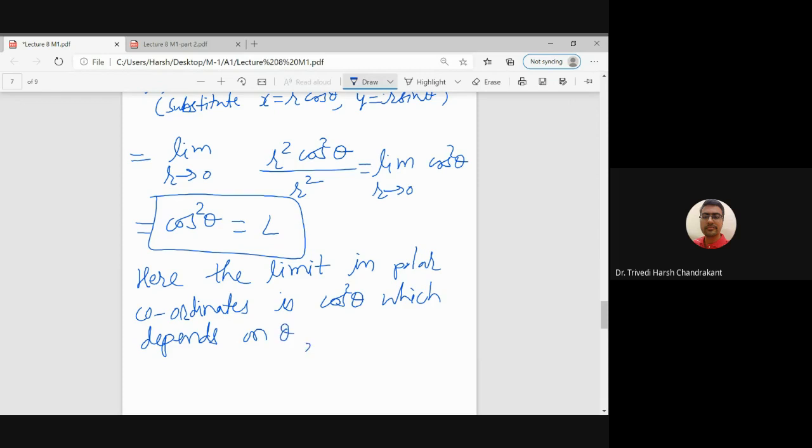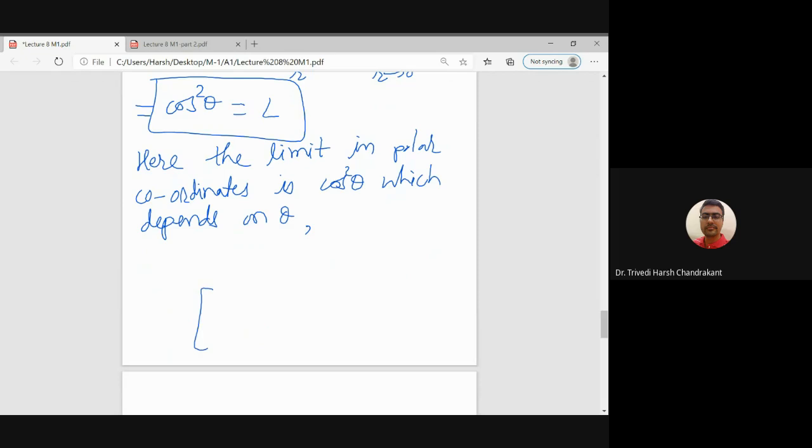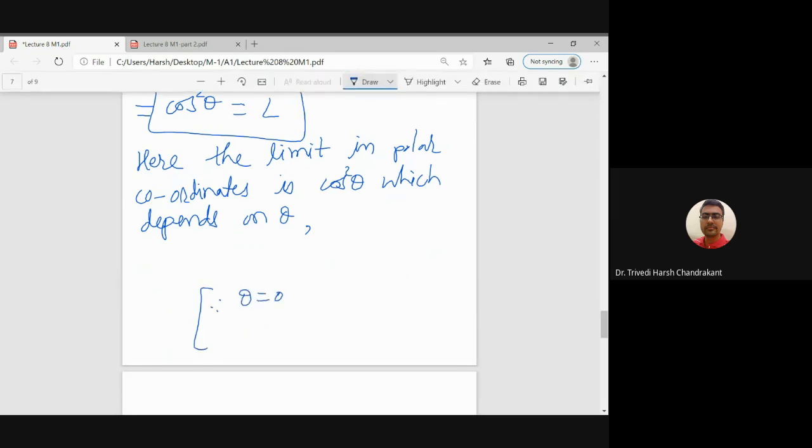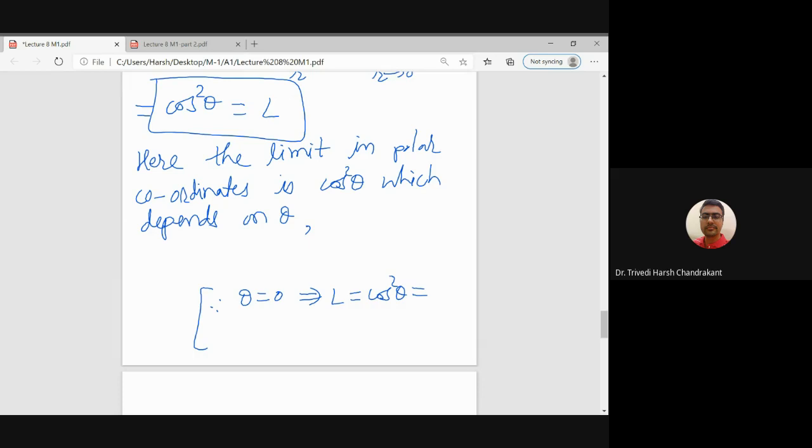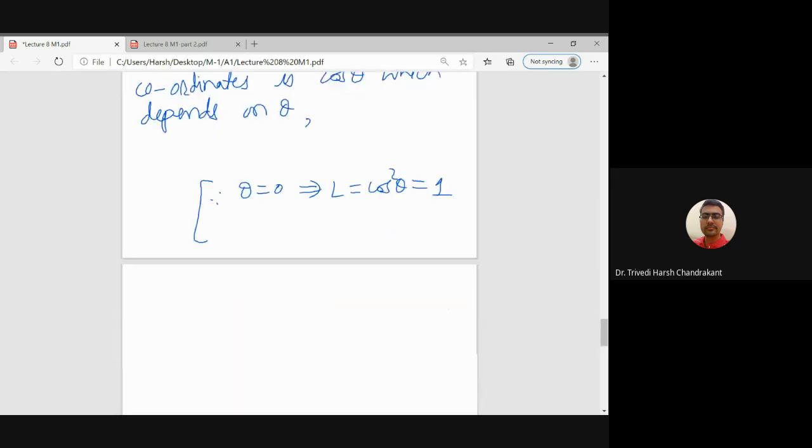So for example, if we take θ equals 0, then L is equal to cos² θ, which is cos² 0. Cos 0 is 1, so the limit is 1. So what is this?